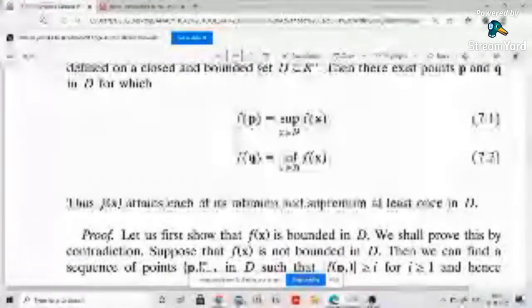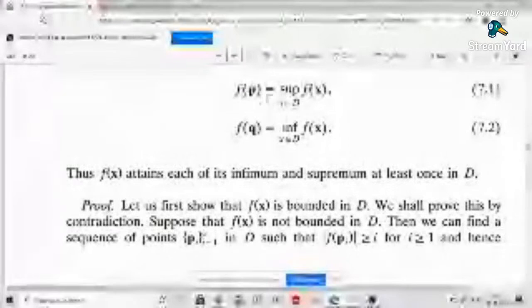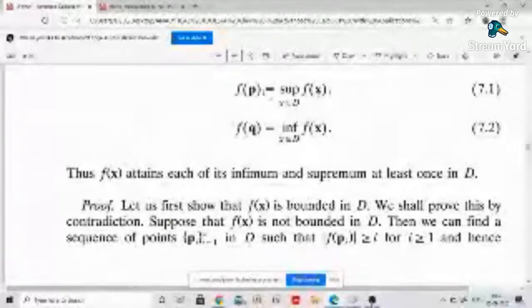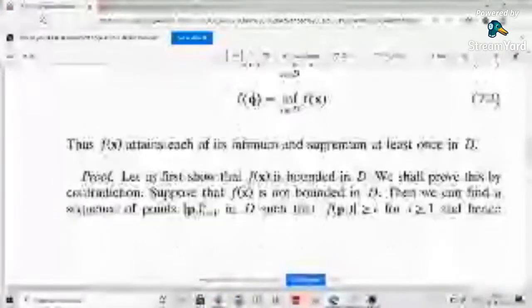There will be some point such that f of p is not equal to the supremum of f of x, that is, f of p is greater than or less than the supremum, a result with not equal to.